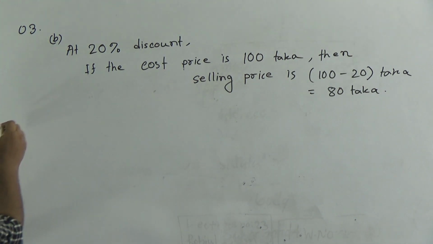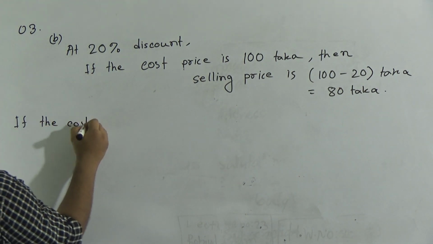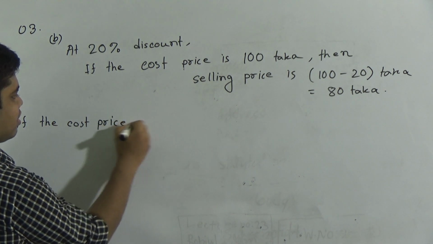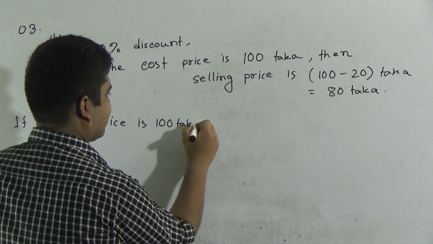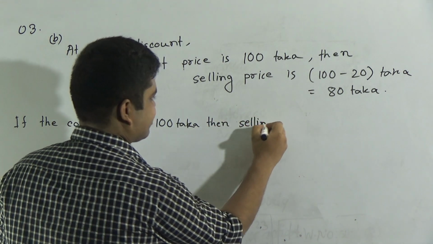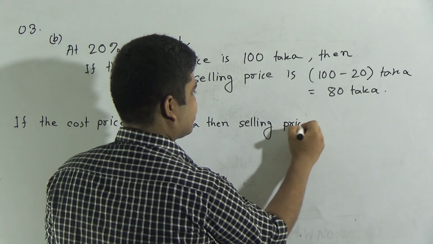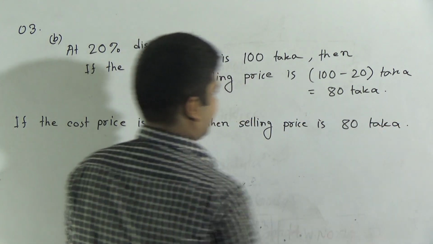Now write, if the cost price is 100 taka, then selling price is 80 taka.